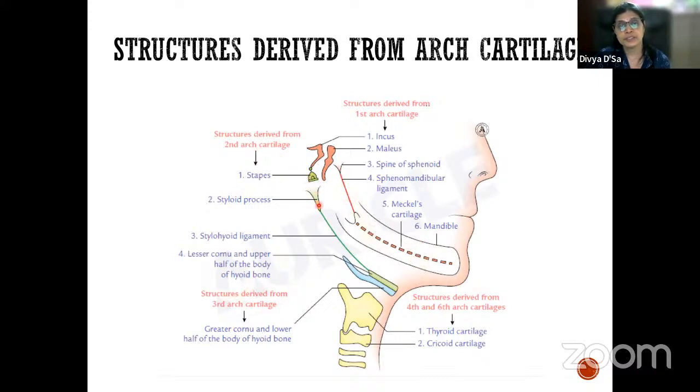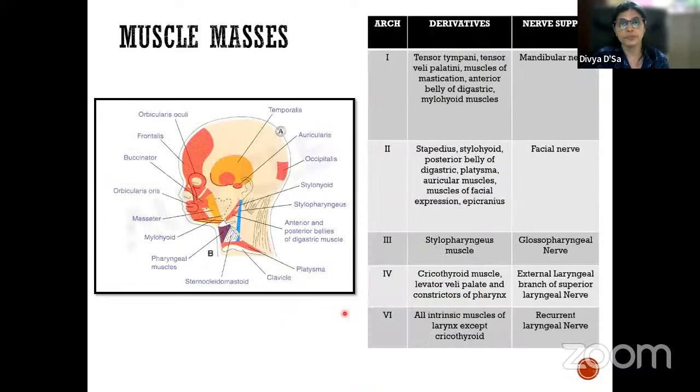Second arch: stapes, styloid process, stylohyoid ligament, lesser cornu, and the upper part of the body of hyoid. Then third arch: greater cornu and the lower part of the body of the hyoid. Then fourth and sixth: thyroid, cricoid cartilage, as well as the arytenoid, corniculate, and cuneiform. Then coming to the muscles which are formed.